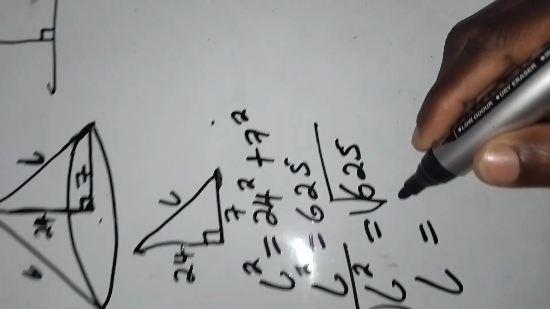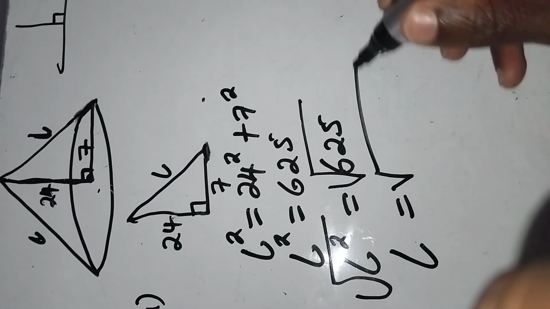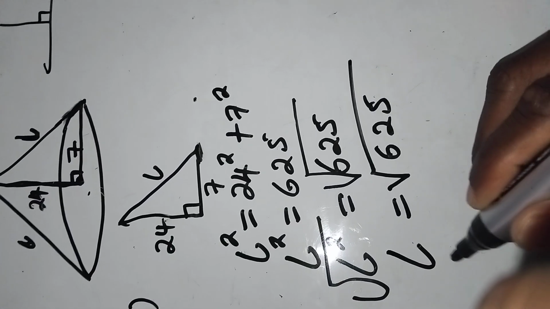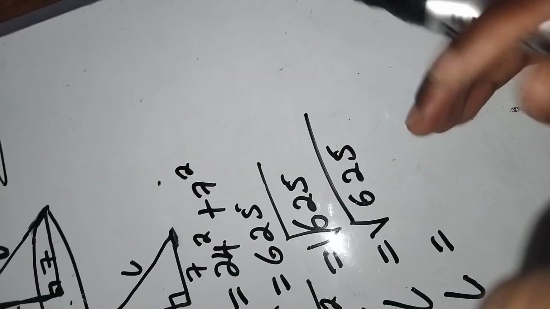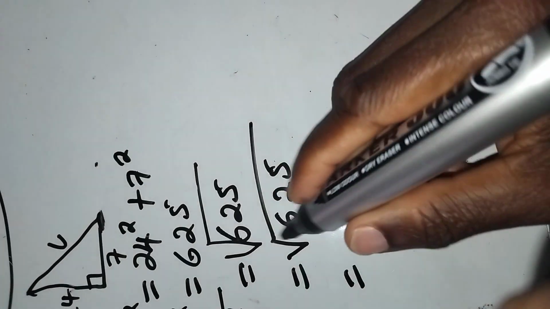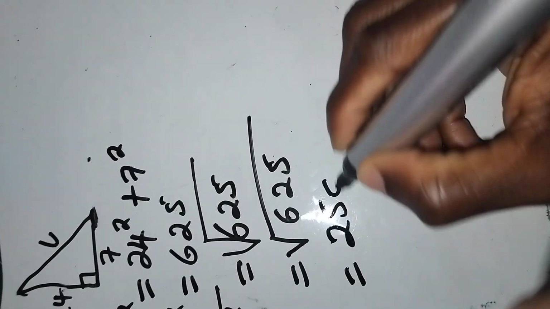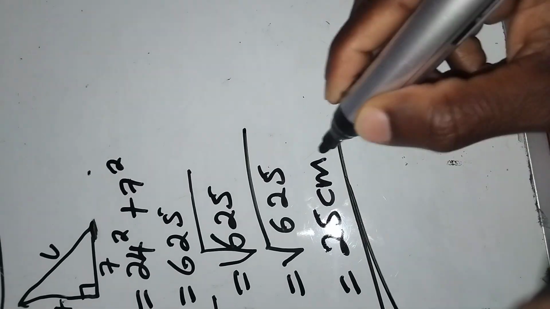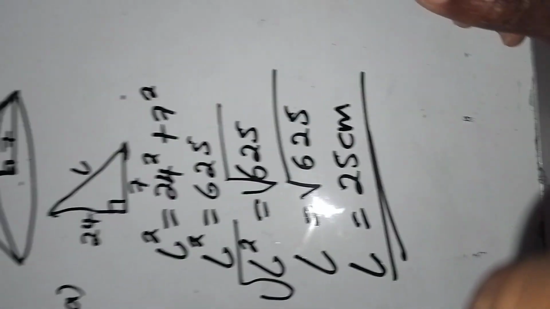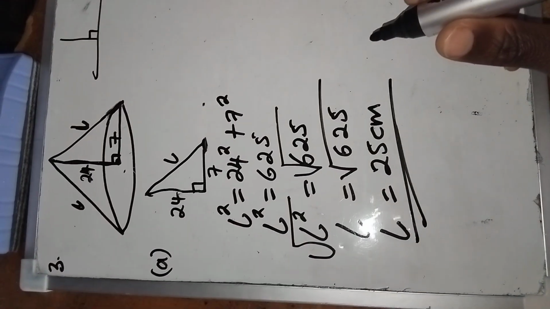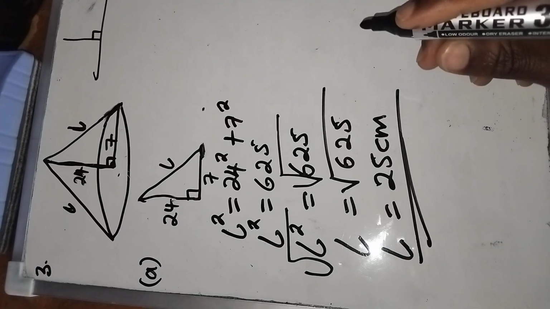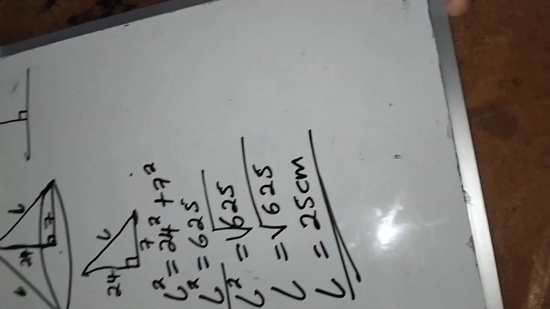So L is equal to the square root of 625, which is 25 centimeters. Remember the units. So that is part A, where you use solving a triangle.